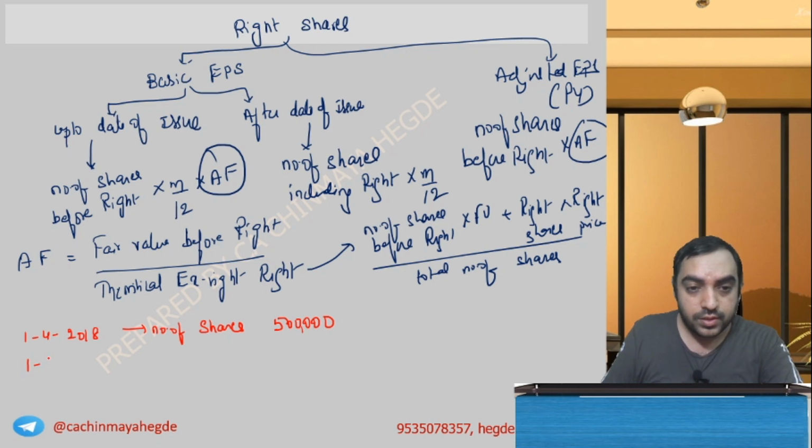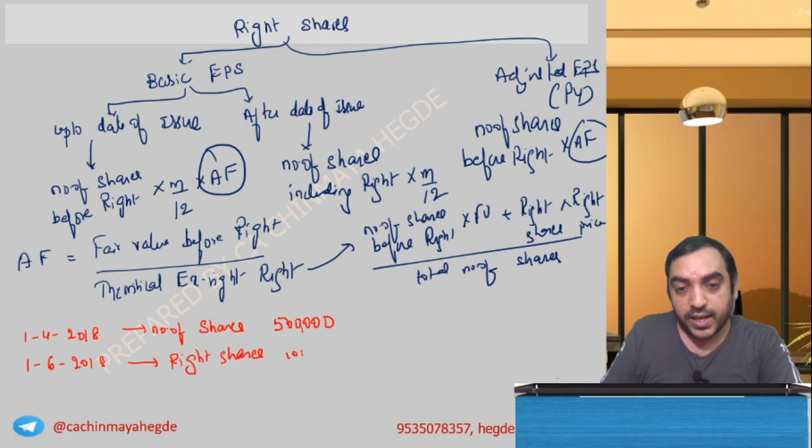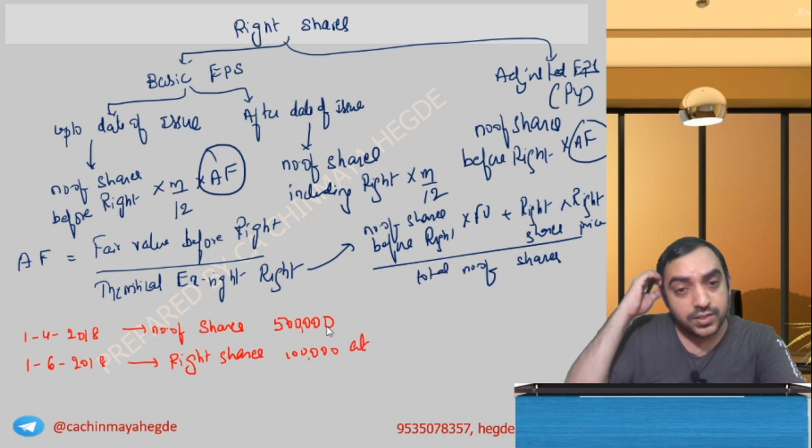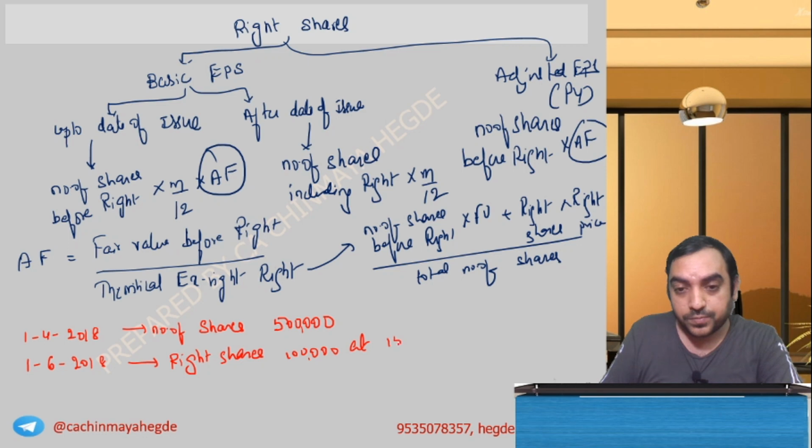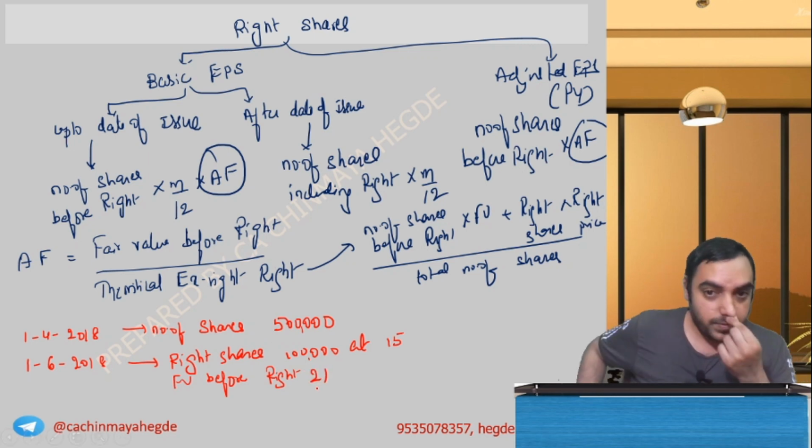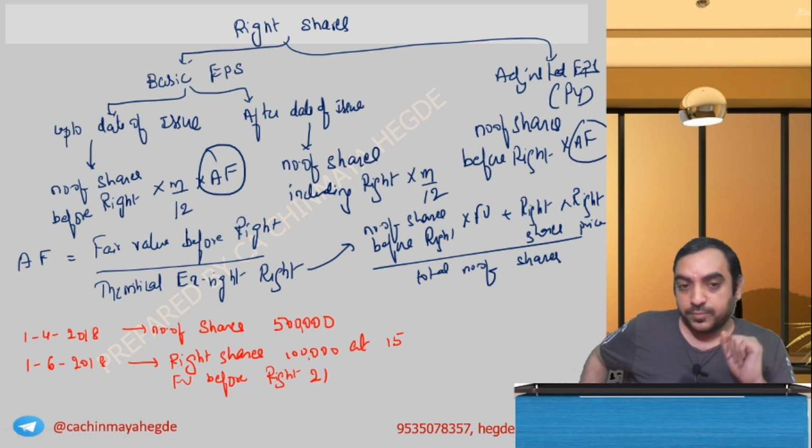On 1/6/2018, they issued right shares, 1 lakh, at the right price 15, and fair value before issue of right is, let's say, 21. How are we going to calculate?